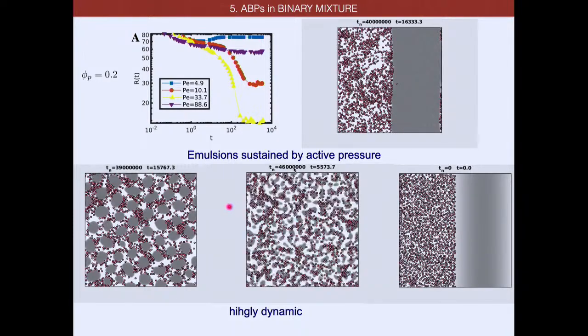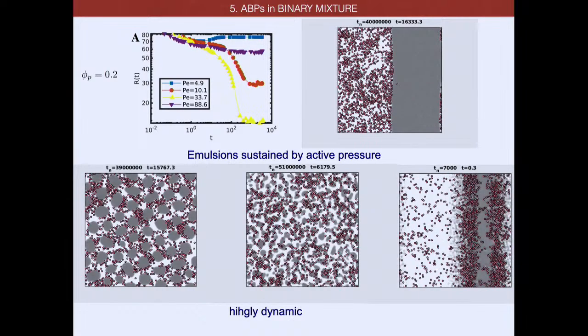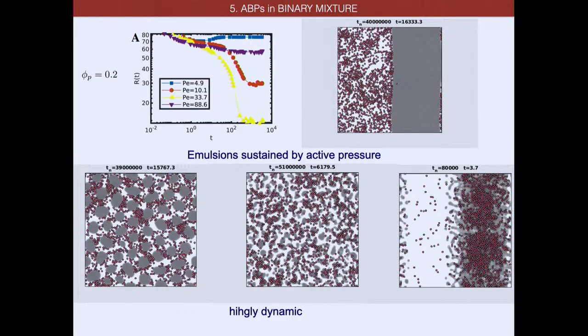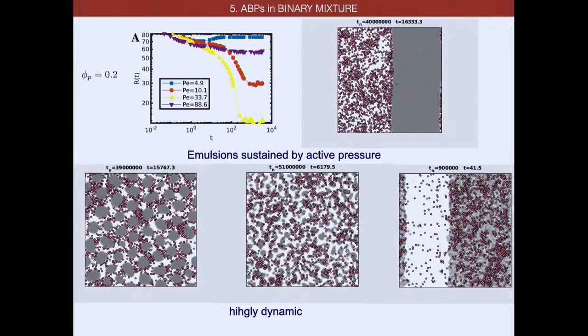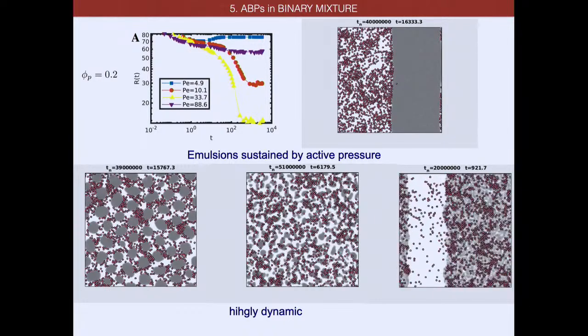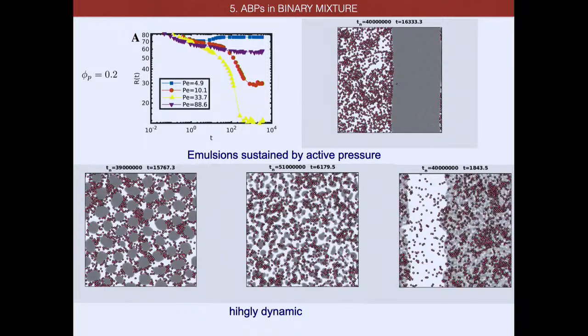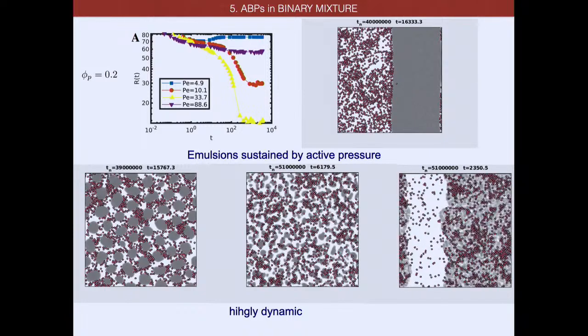Both are active and different from passive ones, but here we don't have a balance that tells us what's going on; we see that particles can go in and out of these gray domains. And here, when they have a large enough activity, they essentially go to the gray phase. They can go there because they can easily surmount the capillary forces, and then stay in that phase because they effectively move more slowly there.